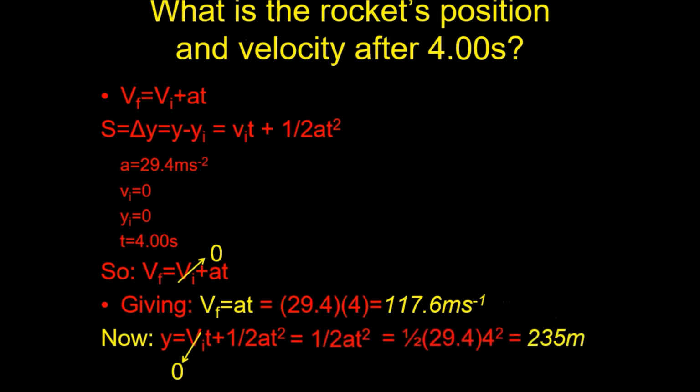So, what is the rocket's position and velocity after 4 seconds? It's traveling at nearly 118 meters a second, and it's sitting at 235 meters up. You had to use 2 separate equations of motion to get those 2 answers. You could not use one equation as some magic bullet to get both.